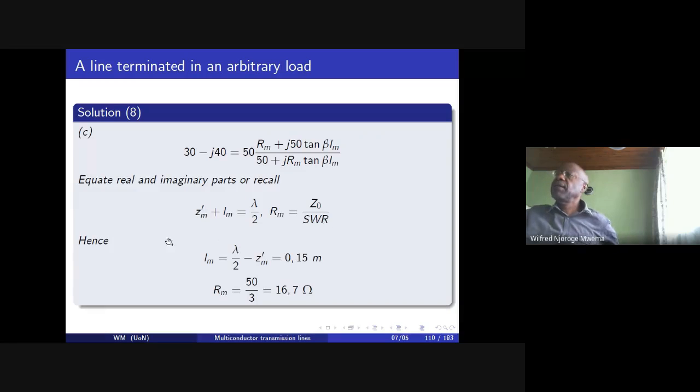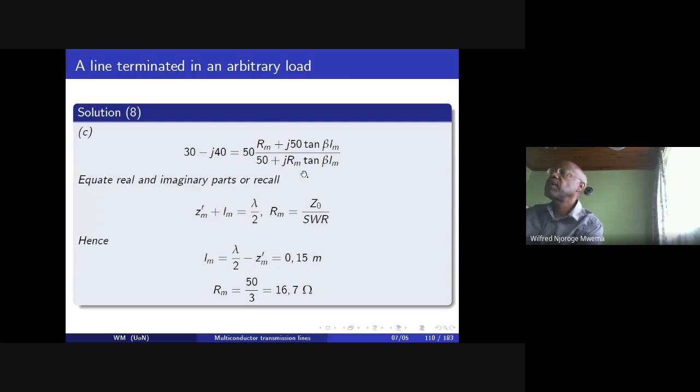But if we recall that Zm prime plus Lm is equal to lambda by 2, and Rm is going to be given by Z0 over the standing wave ratio if we used Rm less than Z0, but if we used Rm greater than Z0, and then using the voltage maximum, we multiply by the standing wave ratio. And hence, we can always get that Lm is going to be given by lambda over 2 minus Zm prime. And since we have been given the position of the voltage minimum from the nearest load, we can now just subtract straight away and get that value.